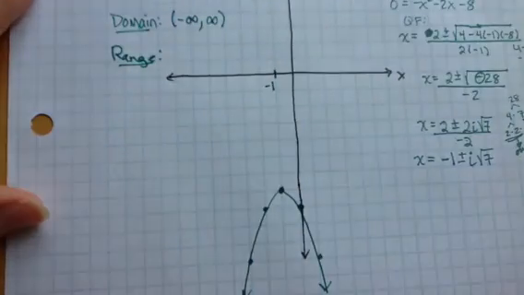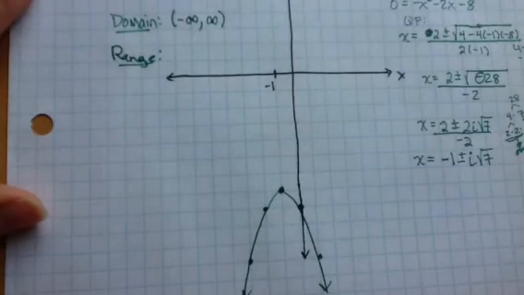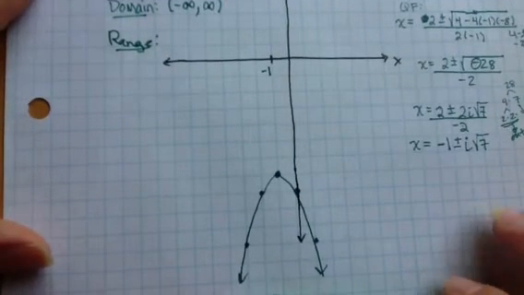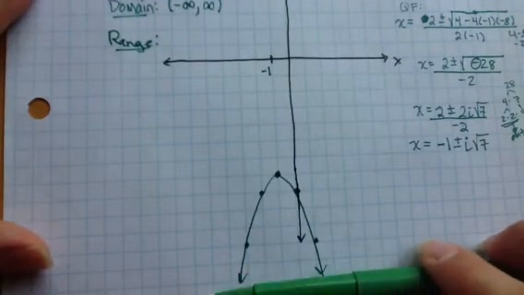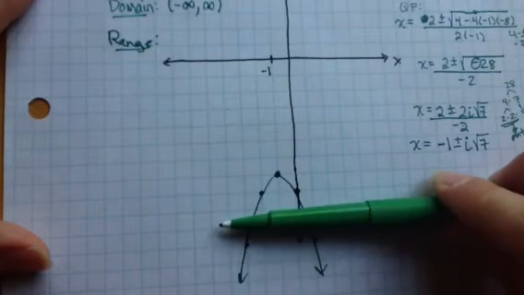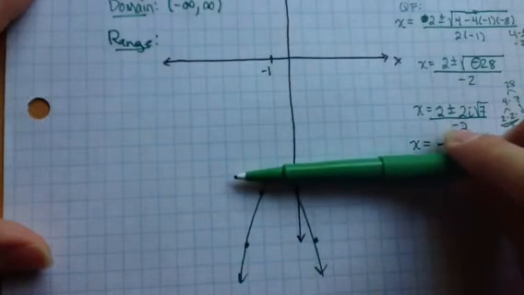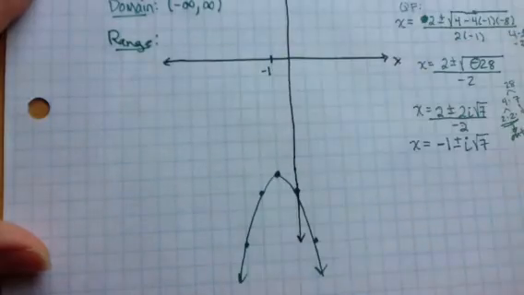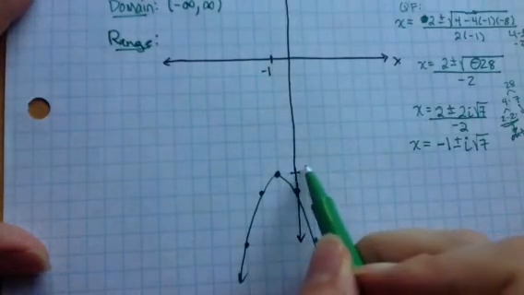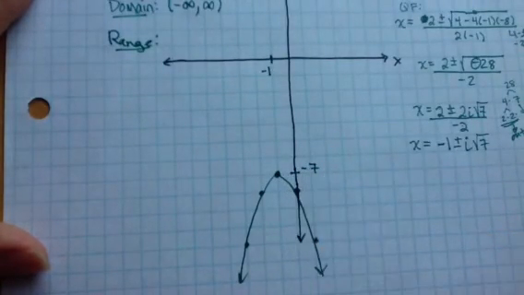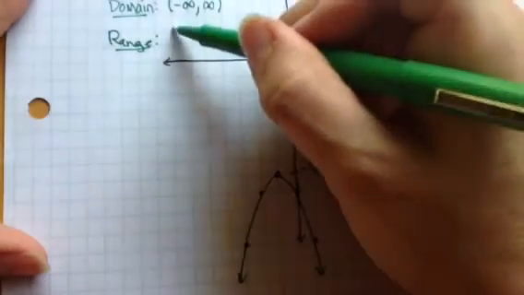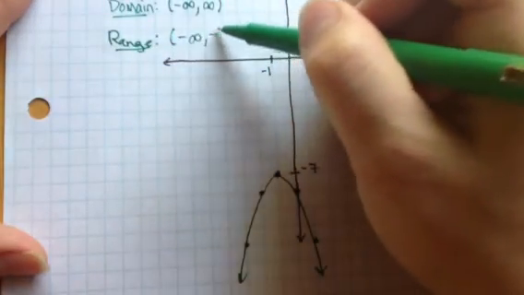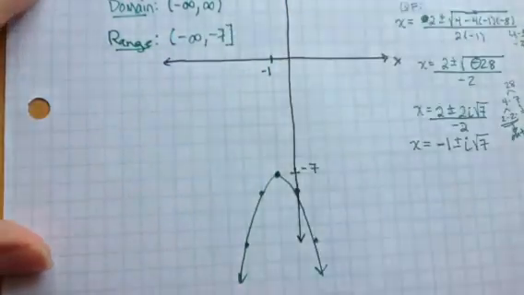So we can answer that question really without even graphing. Then the range, we want to look at the y values. Starting at negative infinity, the range goes up to this spot right here and stops. There's no more graph after that. This value is the negative 7 from our vertex. So the range goes from negative infinity to negative 7 and then stops.